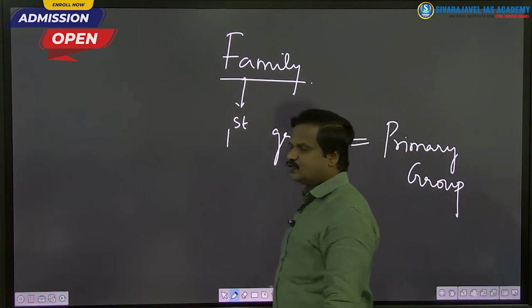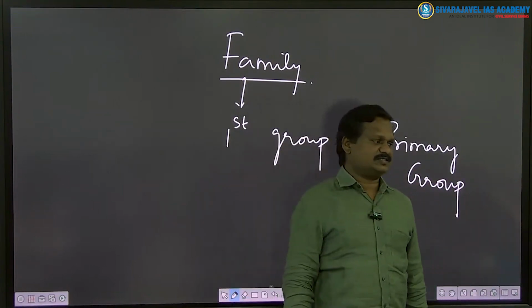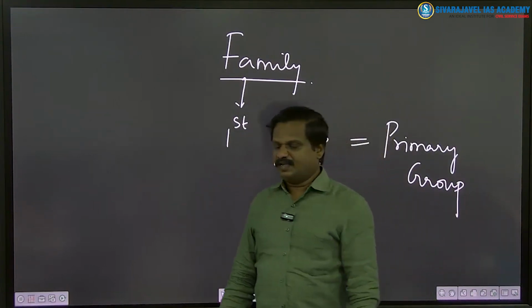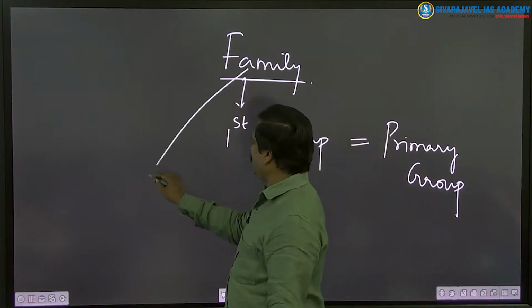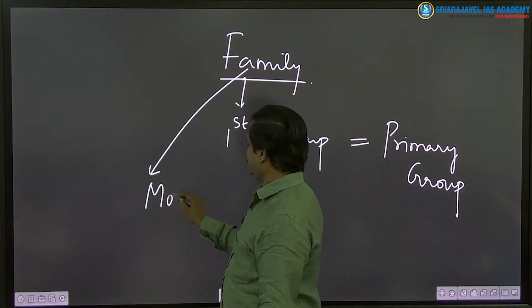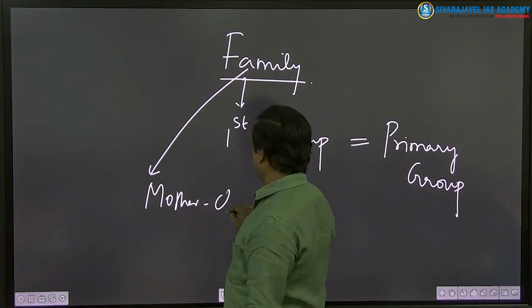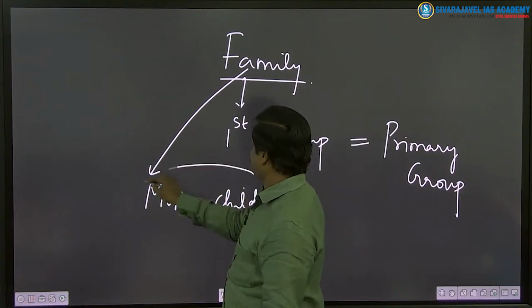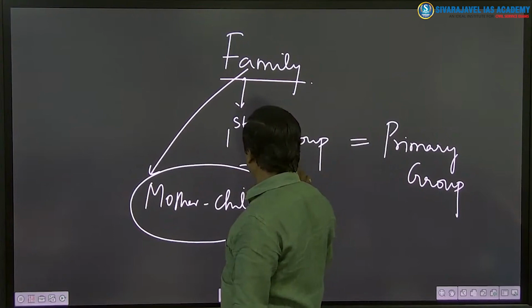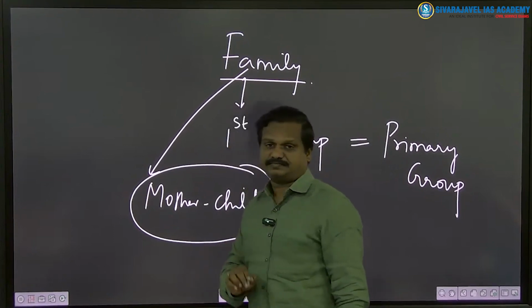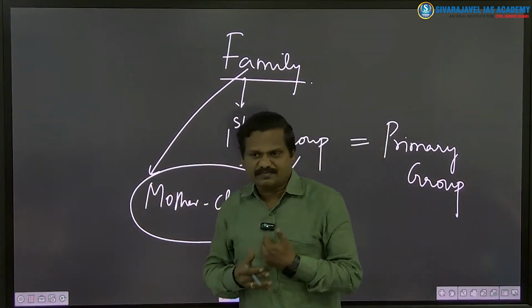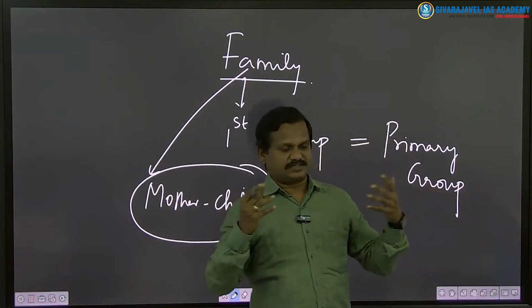The first group in the society is called family. Initially, it was a mother-child family. This group consists of only mother and children. Now, who is absent? Father is absent.